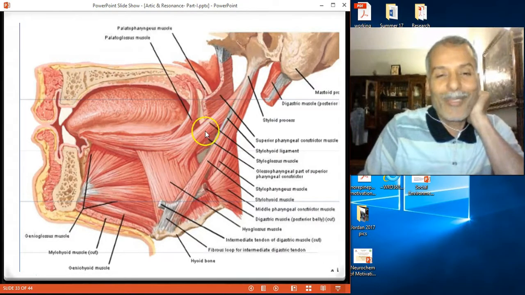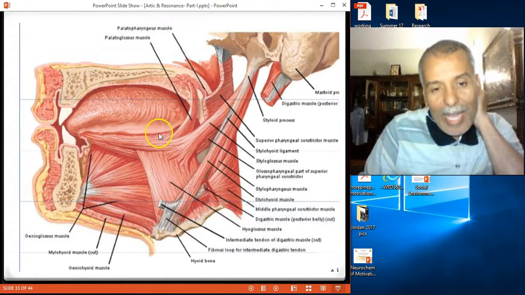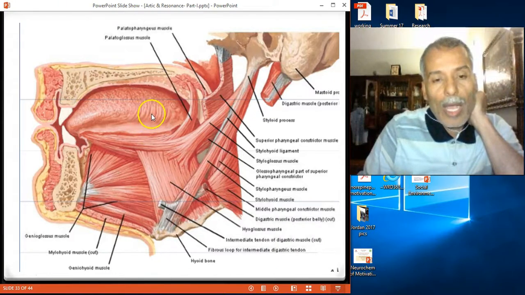Then there is the muscle that originates on the hyoid bone and attaches onto the posterior one third of the tongue. That's called hyo, and then glossus: hyoglossus.